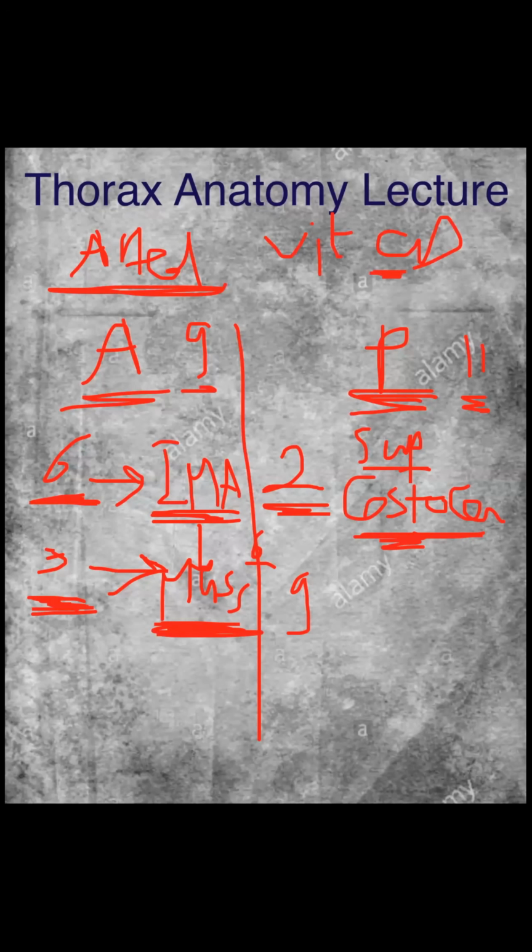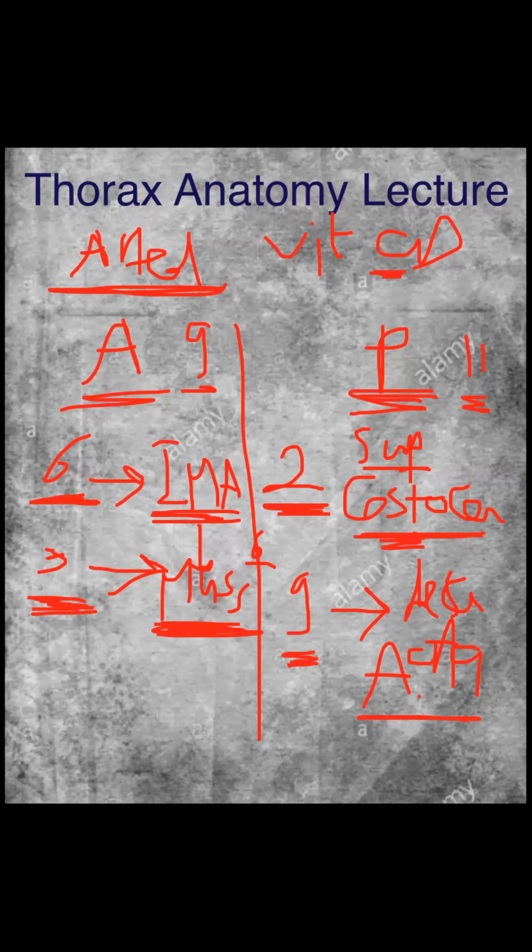These are the first 2 posterior intercostal, while the last 9 are from descending thoracic aorta. So please keep this. Here is arterial supply of the anterior chest wall. Anterior are 9, upper 6 from internal mammary, lower 3 from musculophrenic, while posterior, upper 2 superior intercostal from costocervical trunk from 2nd part subclavian artery, and lower 9 from descending thoracic aorta.